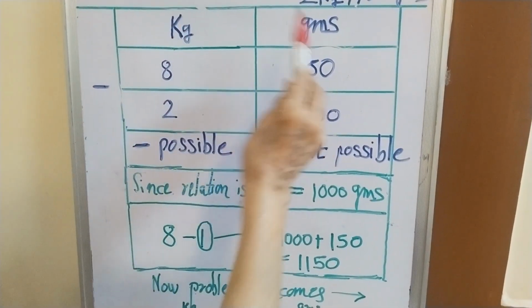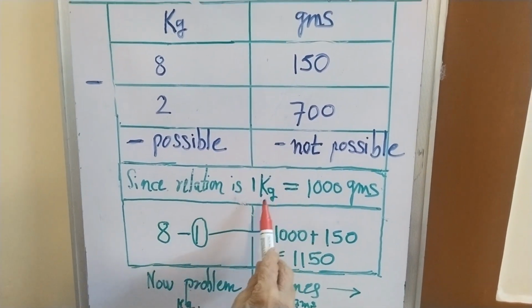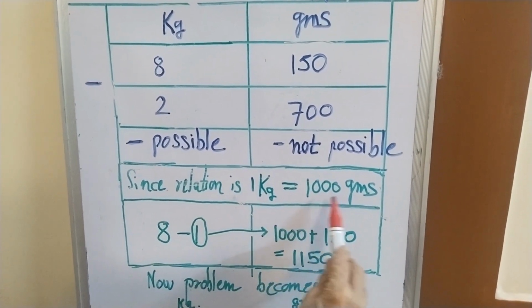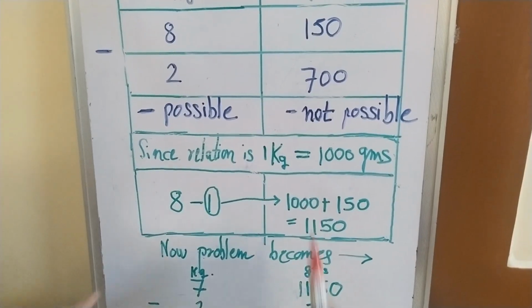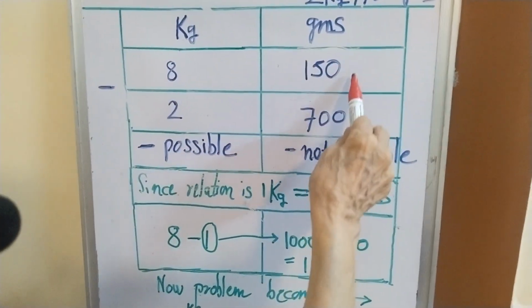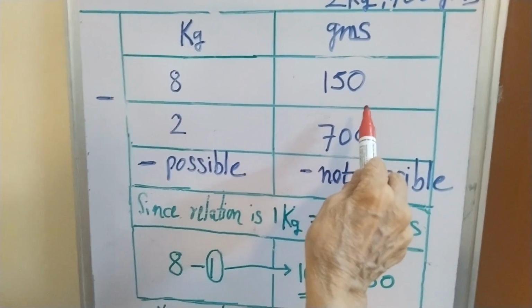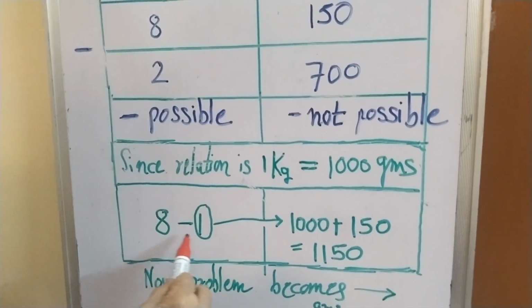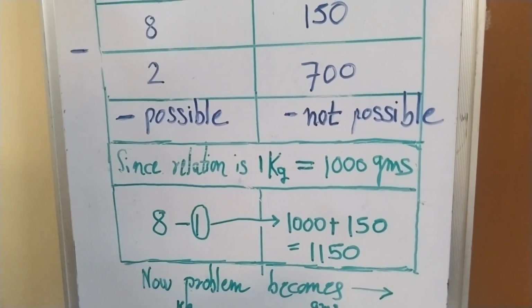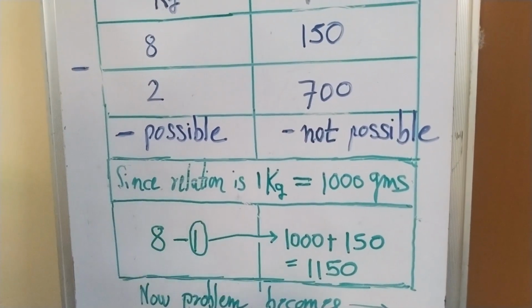between kg and grams. The relation is like this: 1 kg is equal to 1000 grams. So what are we going to do? We are going to increase this amount. How? We will take 1 kg from this side and put it on the other side.